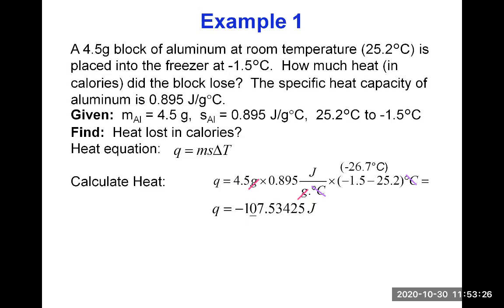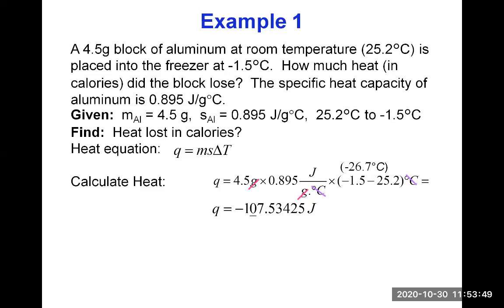And so we need to think about significant figures. However, the question was in calories. So you don't want to round the heat in joules because it's an intermediate answer. You will need to round only when you have the calories. But you can underline where you would stop.